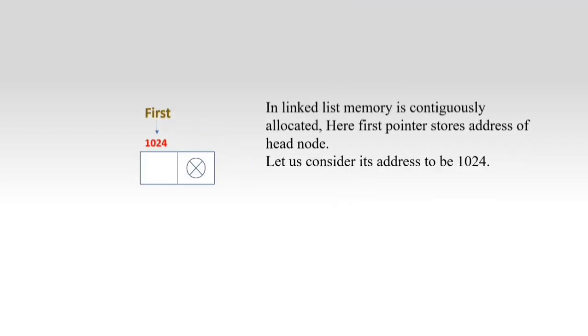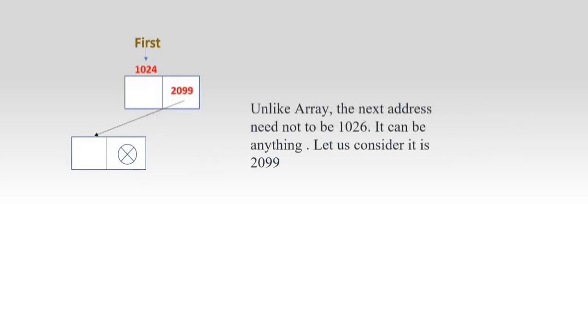In a linked list, memory is not allocated contiguously. Here the pointer stores the address of the first node, let us consider the address to be 1024. Then the next node will not be continuous. It's not 1026, it's like 10299 or something else.